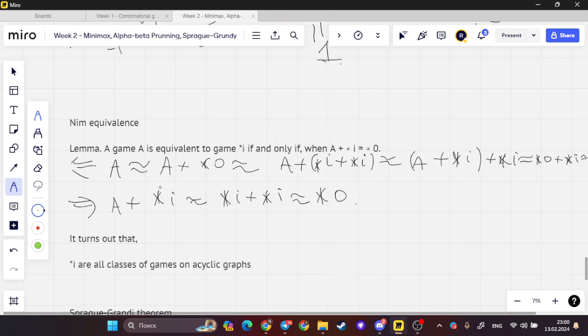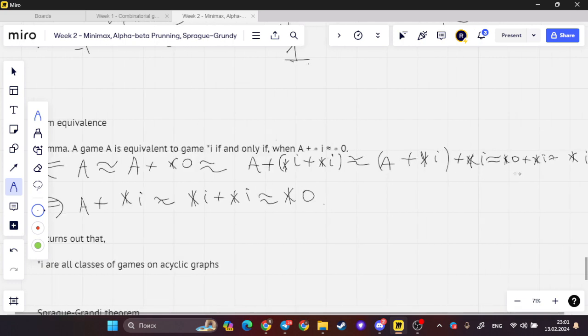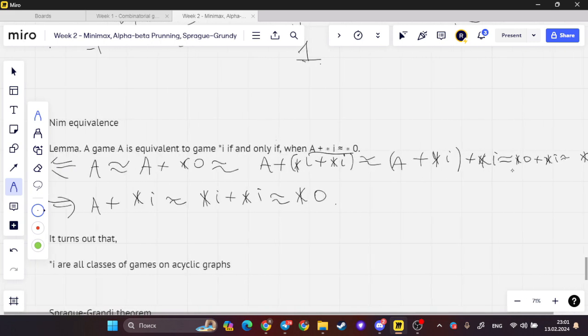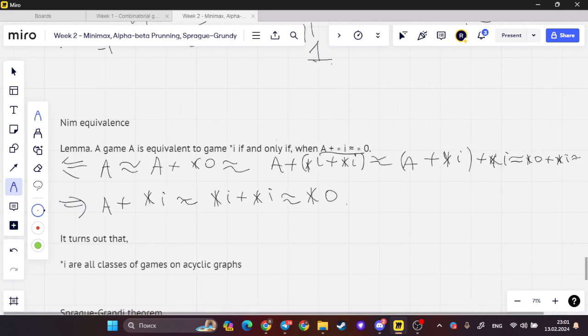Just use that star null is equivalent to star E plus star E, and we use associativity here. Here we just use our assumption, and that's it. We have A equal to star E, and we have the same here.